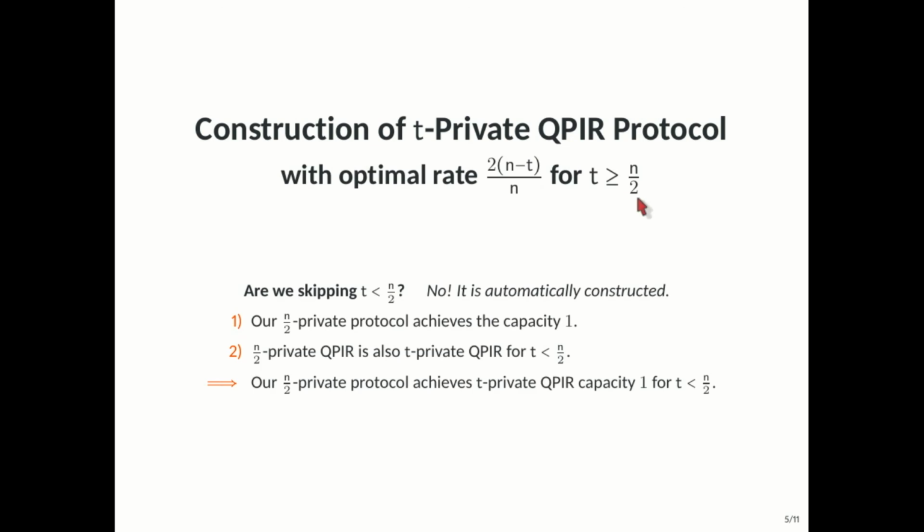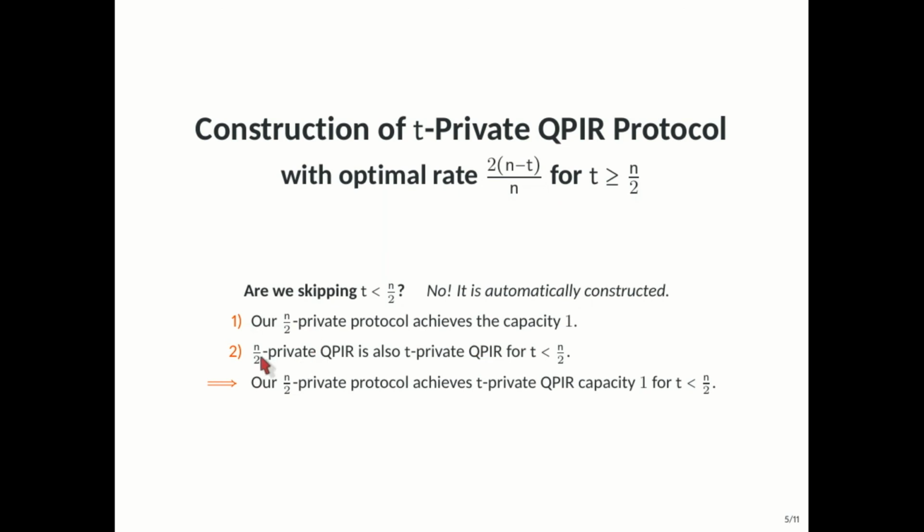So in the following, we will only construct the T-private QPIR for T greater than n over 2. You may wonder if I'm skipping the other case, but I'm not, because the other case is automatically constructed. To see that, I'll note that our n over 2 private QPIR protocol achieves the capacity 1, since we know that this value equals 1 when T is n over 2.